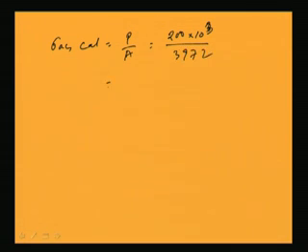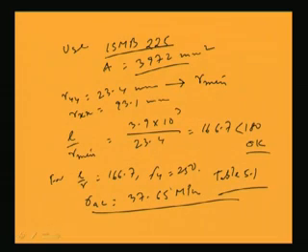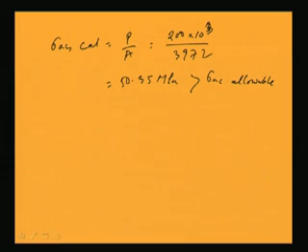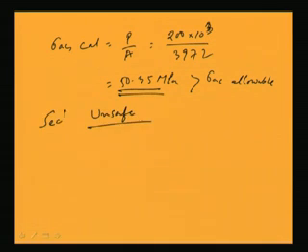So this is becoming 50.35 MPa, which is greater than sigma AC allowable, because the allowable value is 37.65 MPa and the calculated value is coming 50.35 MPa. So the section is unsafe, so you have to increase the sectional dimension.